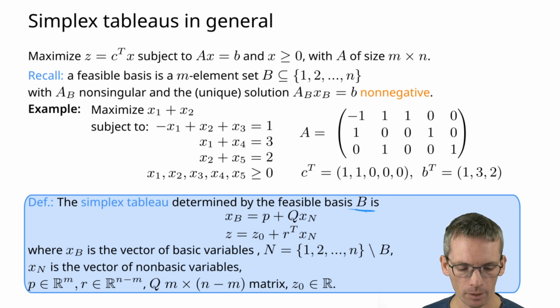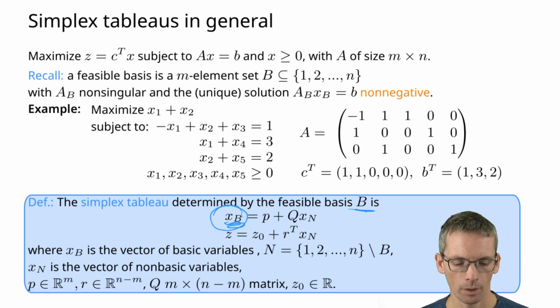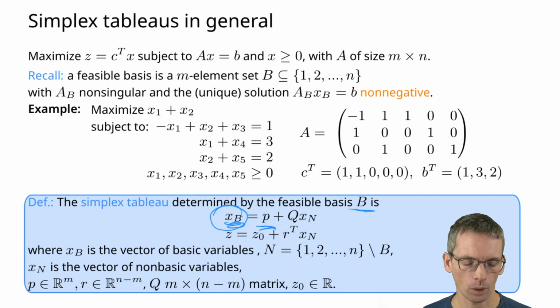Given a basis, we write the vector of basic variables xB in the form p, which is just a vector of constants, plus some linear function in the non-basic variables.